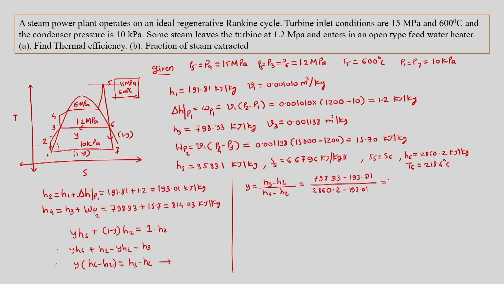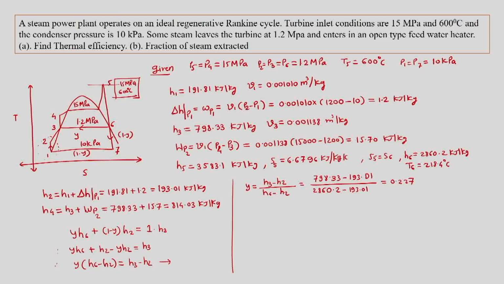This gives us Y as 0.227, which is the mass fraction. Now that we know this mass fraction, we can calculate the actual pump work in the first pump by multiplying it by 1 minus Y.